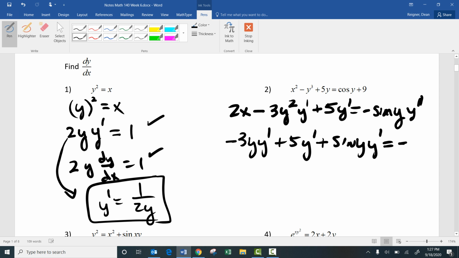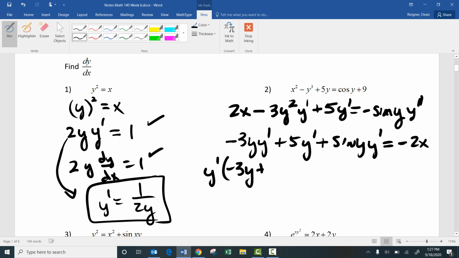When you move it over here, it'll be negative. So after you take the derivative, straight across from left to right, you take everything with a y prime and get it on one side, and everything without a y prime on the other side. The next step, step 3, is you factor out a y prime.